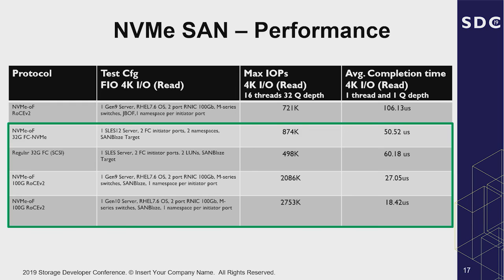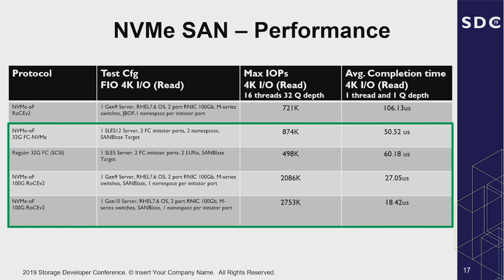But the most interesting numbers are if you go down in the last 2 rows, and I just focus on the last one for a second. This is with our HP Gen 10 servers, the new servers we have out there in the market, which are selling like hotcakes, 100 gig with our M series switches that we have also. Look at the numbers, guys.